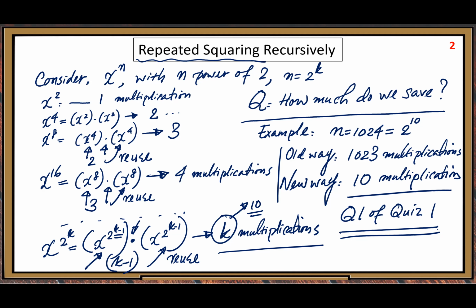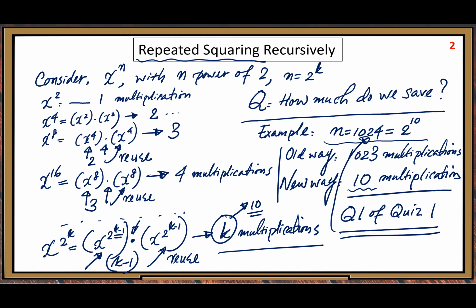Here the degree is greater than 1000, but the number of multiplications using this new technique is only 10. So when you try to answer question number 1, use this example.